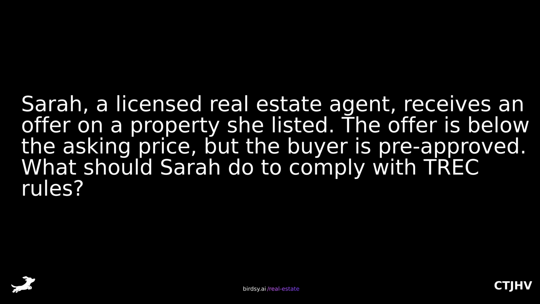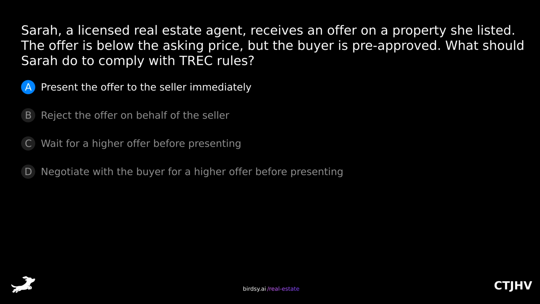Sarah, a licensed real estate agent, receives an offer on a property she listed. The offer is below the asking price, but the buyer is pre-approved. What should Sarah do to comply with TREC rules? Is it A, present the offer to the seller immediately, B, reject the offer on behalf of the seller, C, wait for a higher offer before presenting, or D, negotiate with the buyer for a higher offer before presenting?